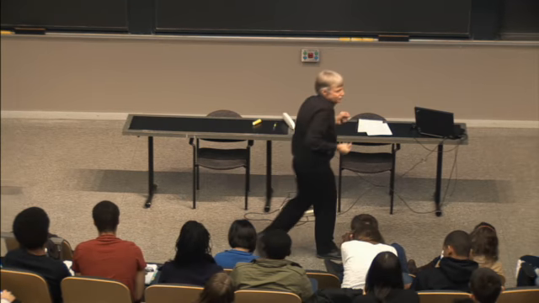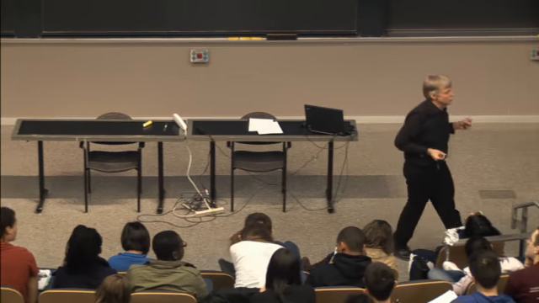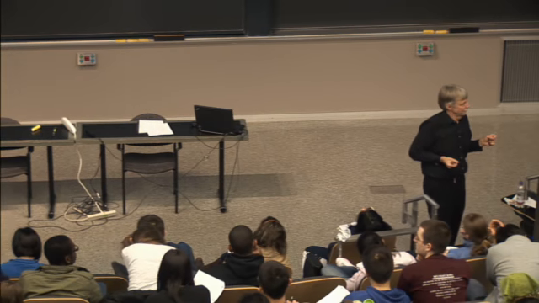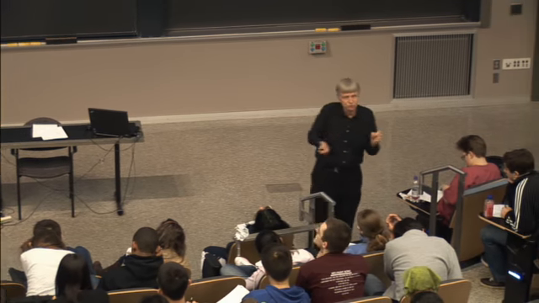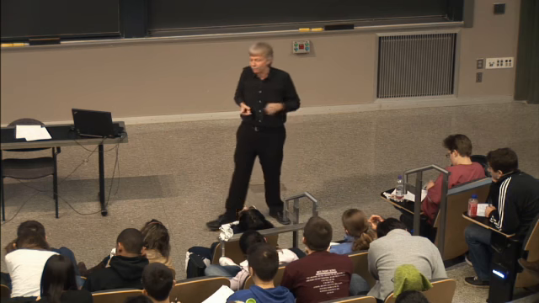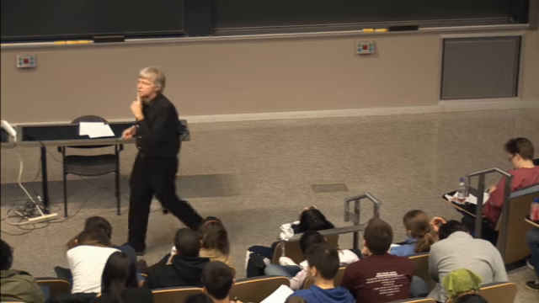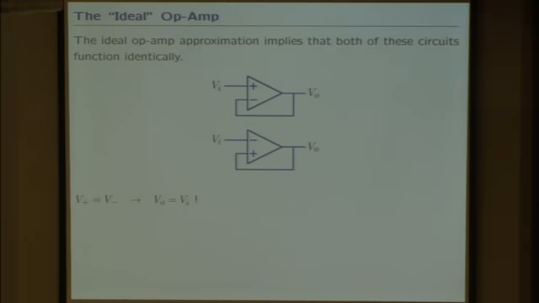The ideal op-amp assumption simply says for both of those, Vi equals Vo. So I would assume from the ideal op-amp model that these two circuits work exactly the same way. Somehow that sounds wrong.